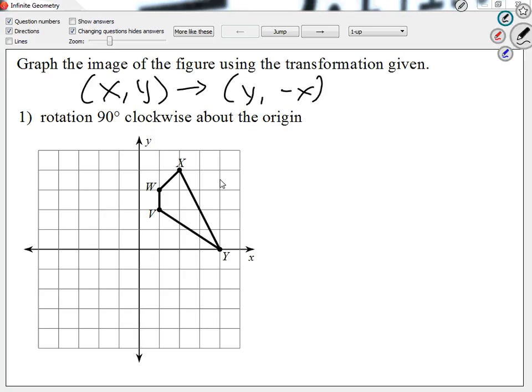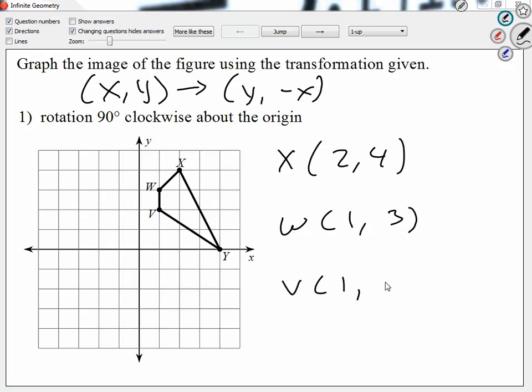X is (2, 4). The point W is (1, 3). V is (1, 2). And Y is (4, 0).